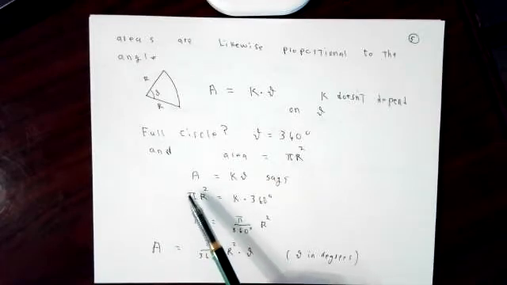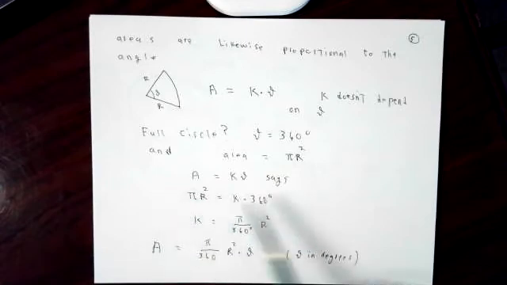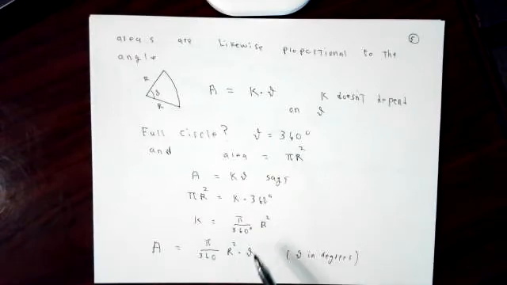So knowing that particular theta and area value says that pi times r squared must be k times 360, which says that k is pi divided by 360 times r squared. The area of one of these circular sectors is pi divided by 360 times the square of the radius of the circle times the number of degrees that you've got.